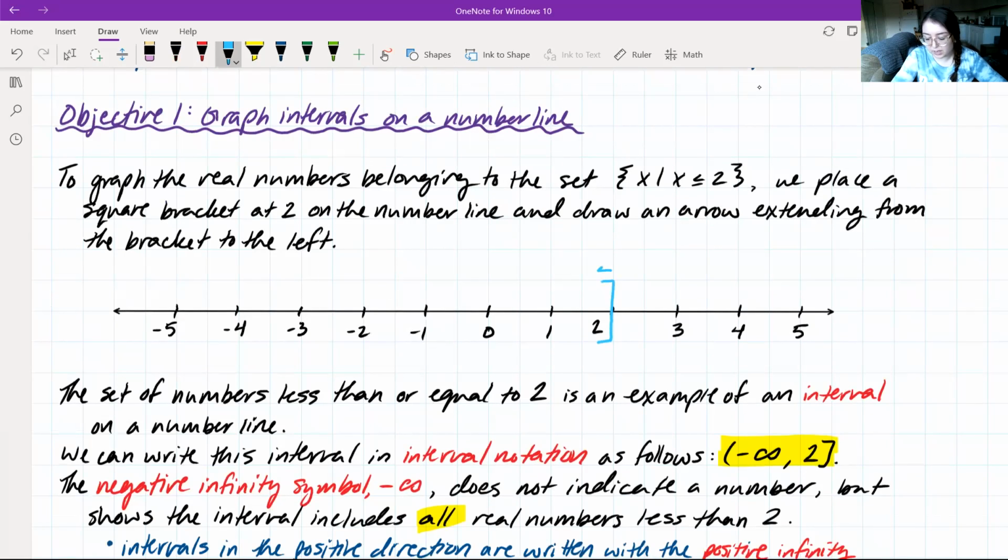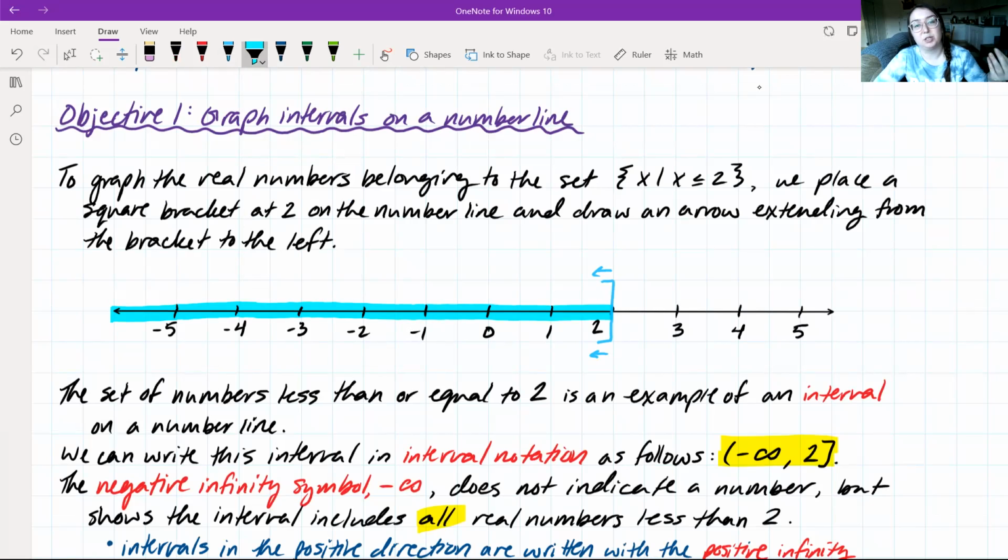And we see it's facing the left, or it's open to the left, because our solution is all of these values and on. So this is how we would end up graphing the solution on a number line. We draw in our square bracket at 2, and we just fill in all the values to the left of our 2 there, to signify to negative infinity.